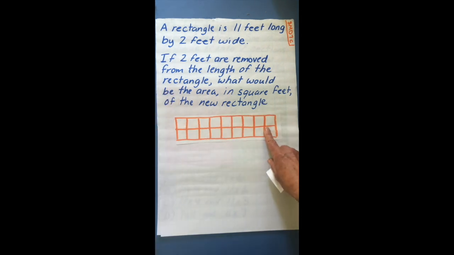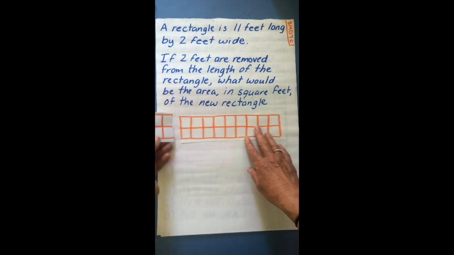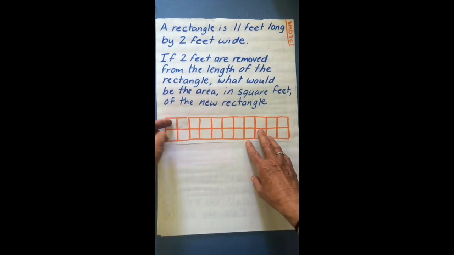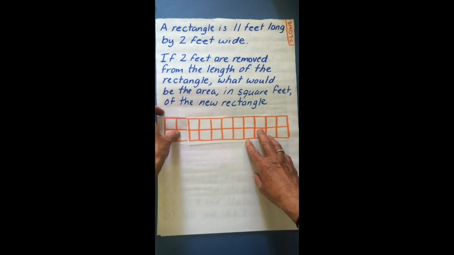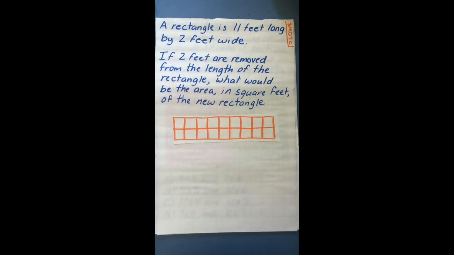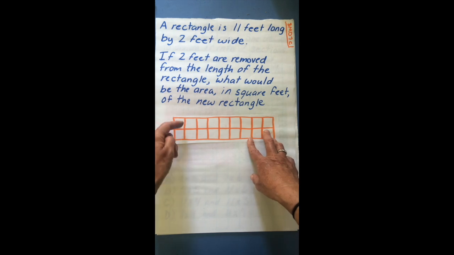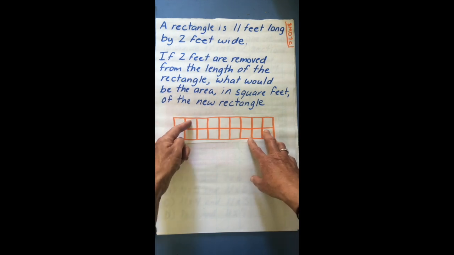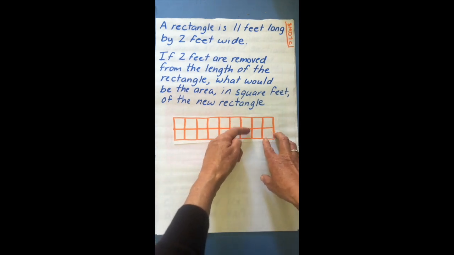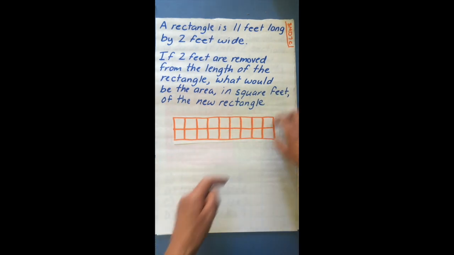Okay, so here's my new rectangle. The old one looked like this, and I just removed 2 from the length. Okay, so now I have this, and now I could figure it out just by counting the square units. 1, 2, 3, 4, 5, 6, 7, 8, 9, 10, 11, 12, 13, 14, 15, 16, 17, 18.